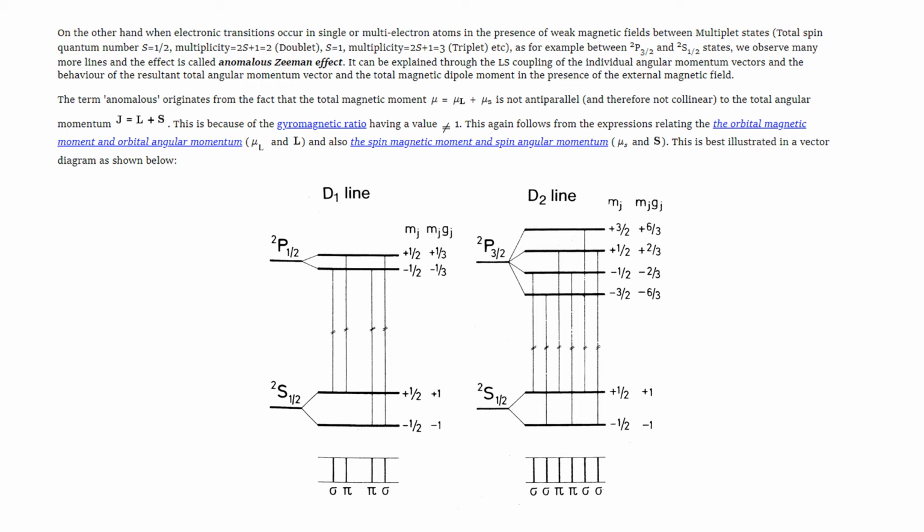Now the total magnetic moment, we use the word mu in place of mu s and mu l. The magnetic moment due to orbital motion is mu l and due to spin is mu s.